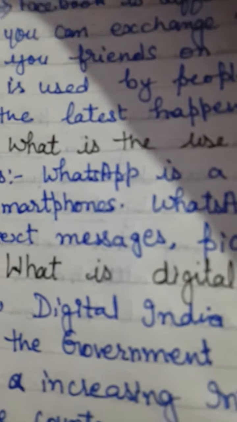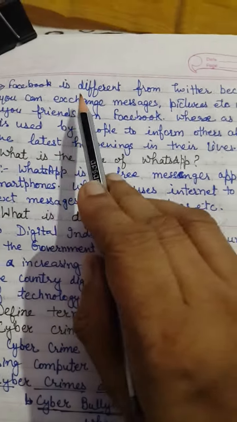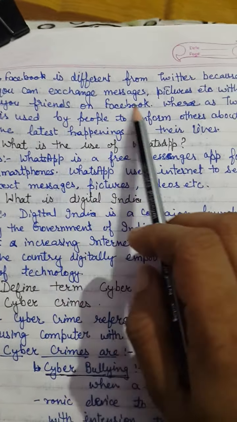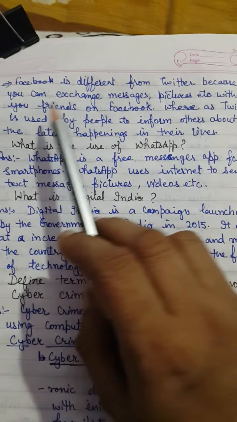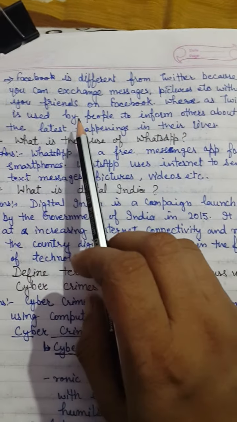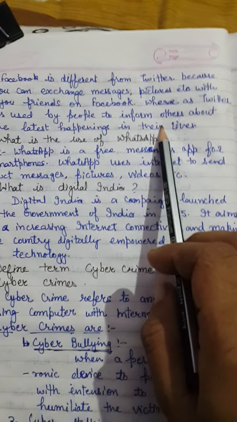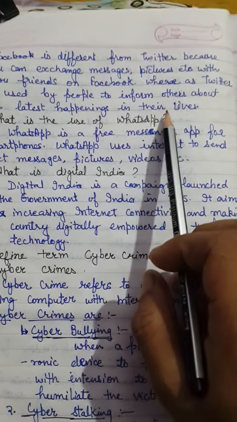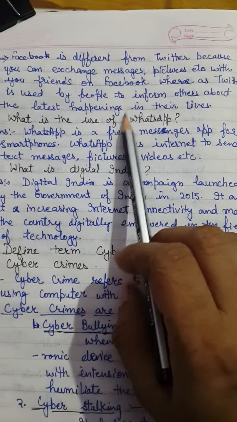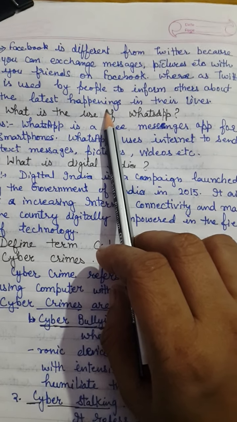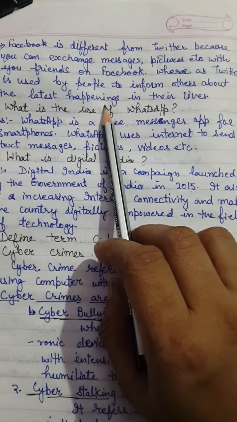What is the main difference between Facebook and Twitter? Facebook is different from Twitter because you can exchange messages, pictures, etc. with your friends on Facebook, whereas Twitter is used by people to inform others about the latest happenings in their lives. Means Twitter is used mostly to communicate the latest happenings with people.